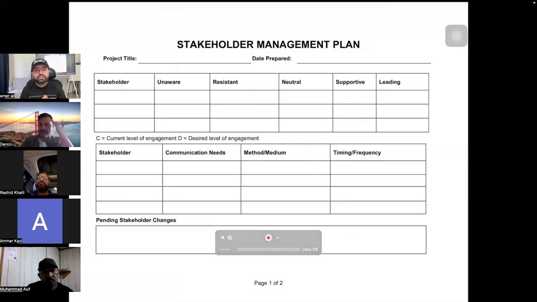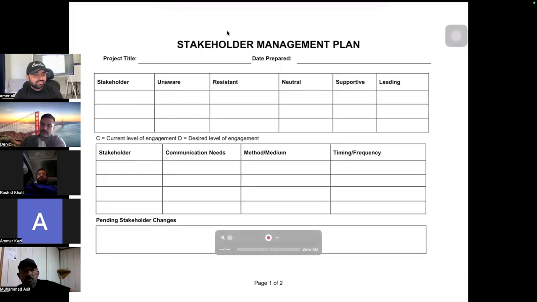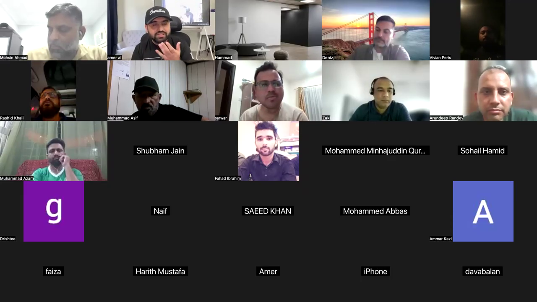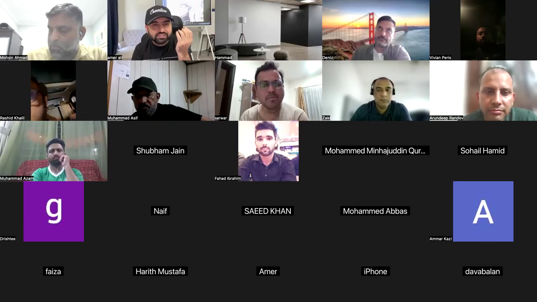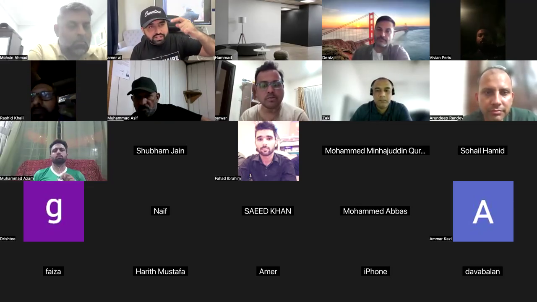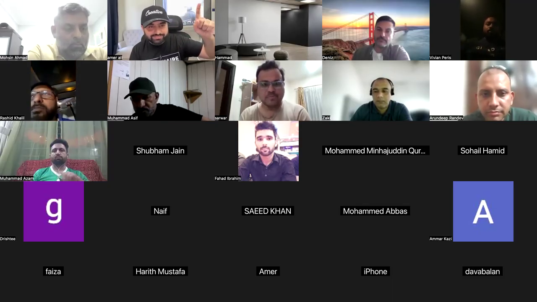A very important thing that we have in the stakeholder engagement plan is the stakeholder engagement matrix. Server, the project scope statement is basically the detailed scope of the project. You make it once you have collected the requirements using the requirement management plan.